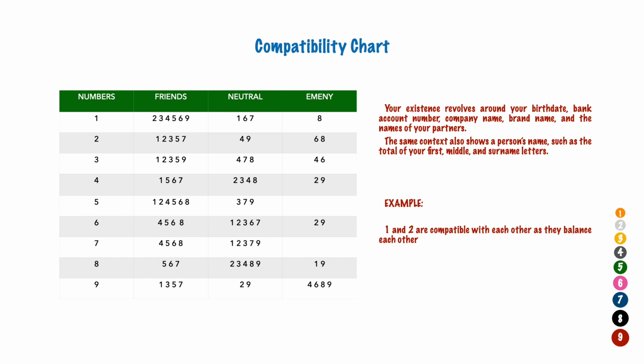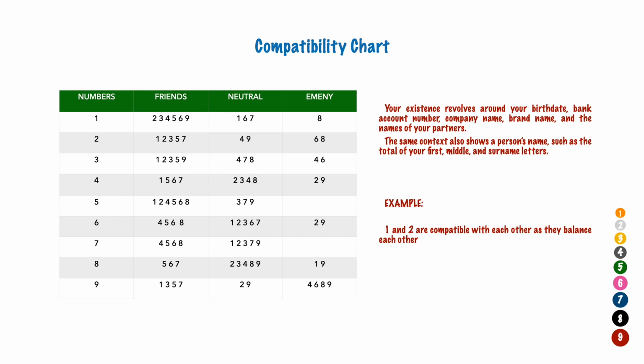They are neutral with number 4, 7 and 8. They are incompatible with number 4 and 6 sometimes. So if you see 3 and 4, based on the situation, they could be neutral or they could be enemy.